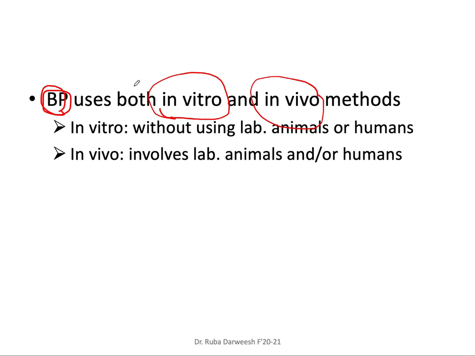When we are talking about in vitro, we are talking about studies that we do not use lab animals or humans. Okay, many students asked me about this before, considering this as without using lab. No, it's without using lab animals or humans.